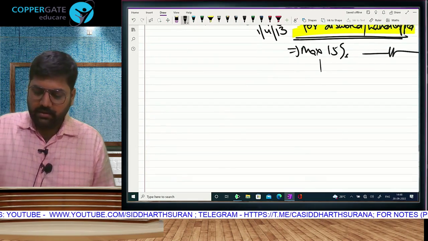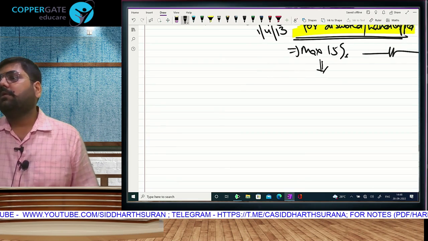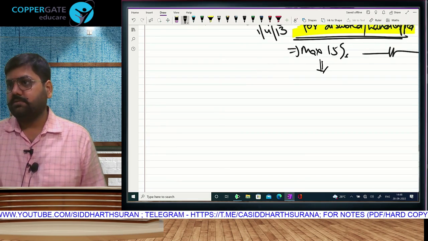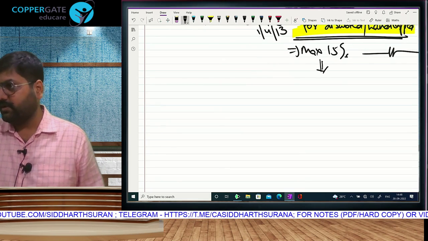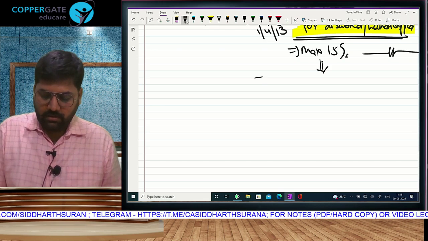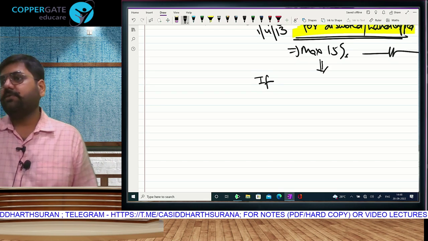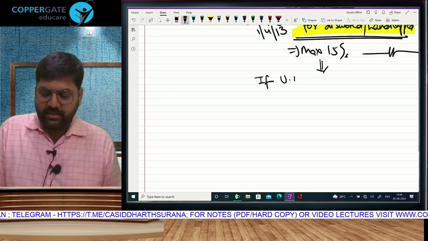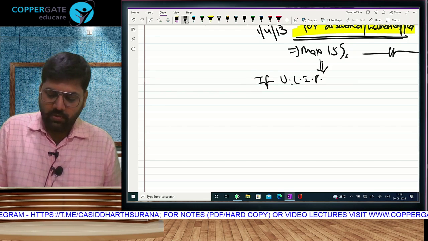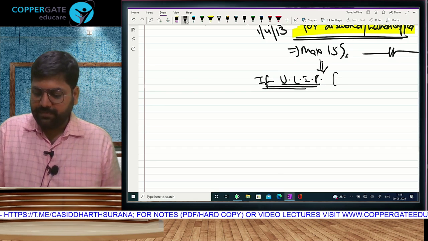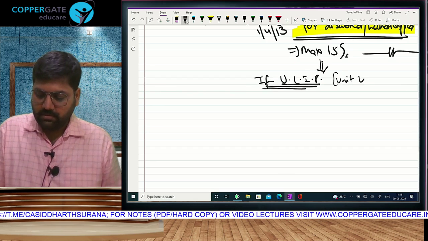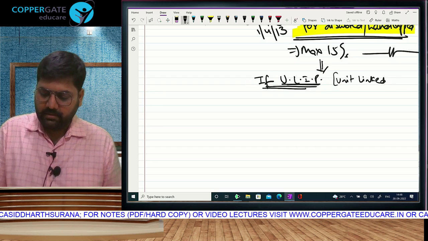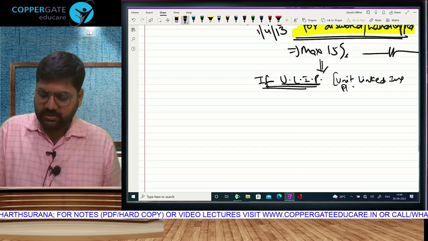Then under the maturity part, last year an amendment took place. Last year ka budget. So current year there is no amendment. Last year, previous year 21-20. If the policy is something called ULIP. ULIP ka full form is Unit Linked Insurance Plan.